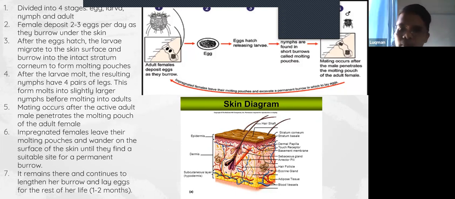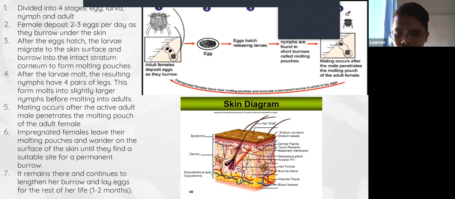The burrow is the permanent home. Later I will explain about molting pouches, which in simple words I call a temporary home. The female adult mites will lay eggs in the permanent home, which we call burrows.